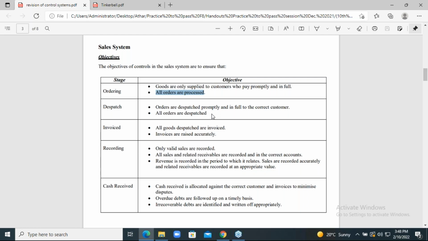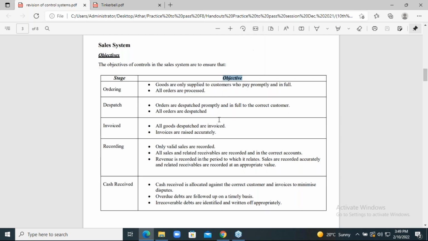So why am I going to order from this company next time? I will go to the competitor of this organization. So once again, it will create a reputation risk for the organization, and consequently a decrease in revenue and a decrease in profit. So objectives will not be achieved.